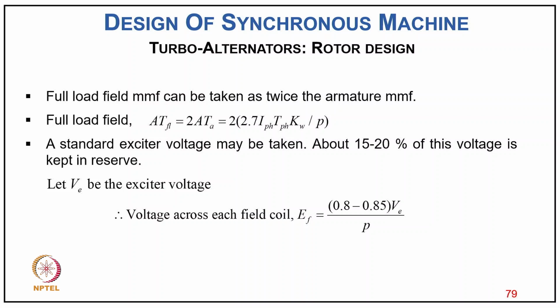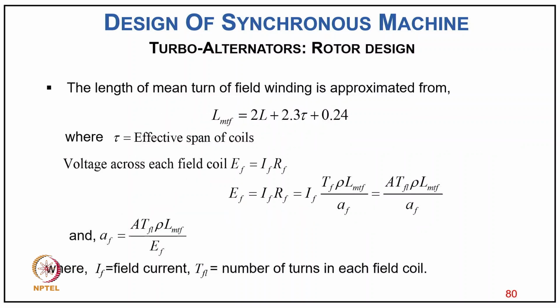So for the exciter, voltage for each coil is EF equal to 0.85 VE divided by P, and length of the mean turn of the winding approximately LMT equal to 2L plus 2.3 tau plus 0.24, where tau is the effective span of coils, and voltage across each coil is EF equal to IFRF, where EF equal to IFRF equal to IF TF rho LMTF divided by F, or ATFL into rho LMTF divided by F, and where IF is field current, TFL is the number of turns in each field coil.